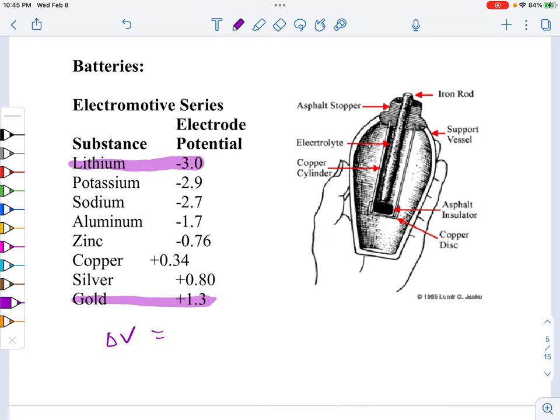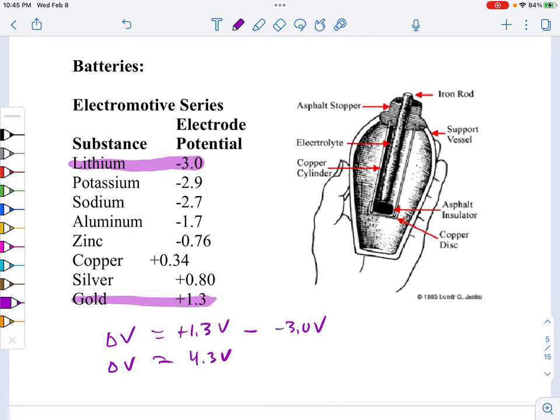So the higher one is plus 1.3, the lower one is minus 3. So if we put these electrodes together, we will get a potential difference, an EMF, of 1.3 minus minus 3, so plus, so it'd be 4.3 volts. Great, so if you manufactured a gold-lithium battery, we'd get a cell potential of 4.3 volts.